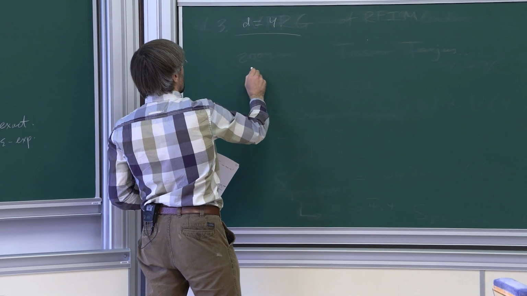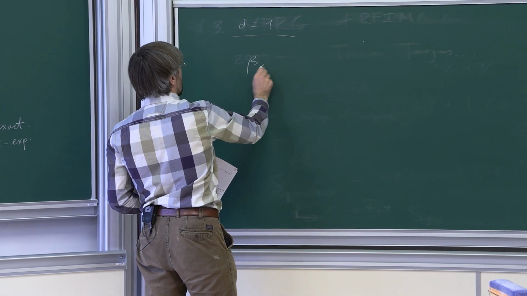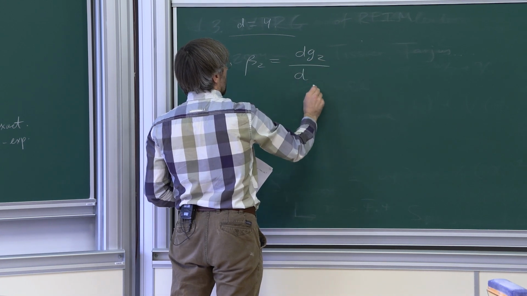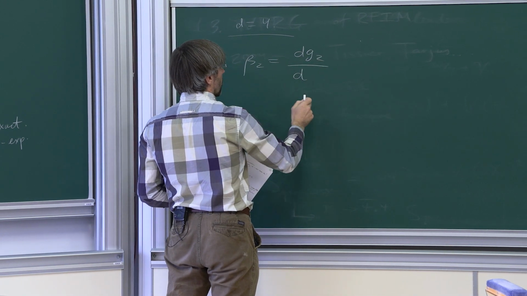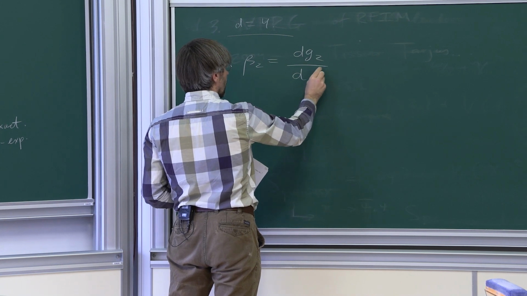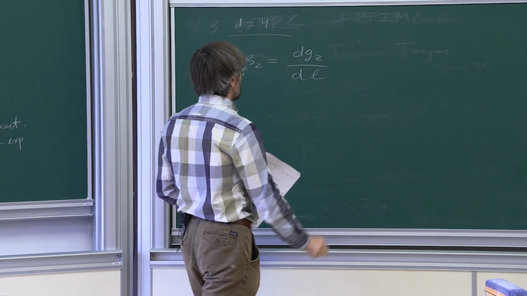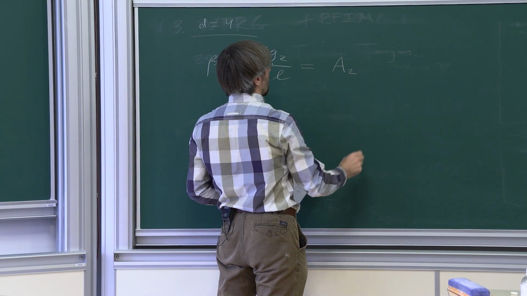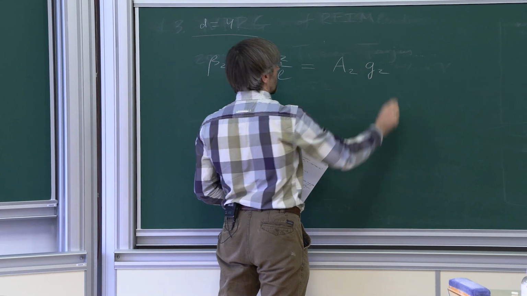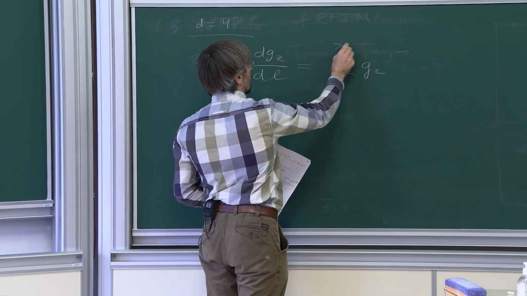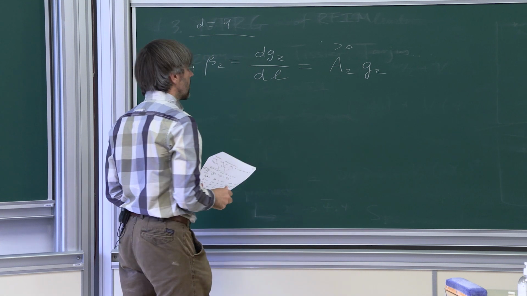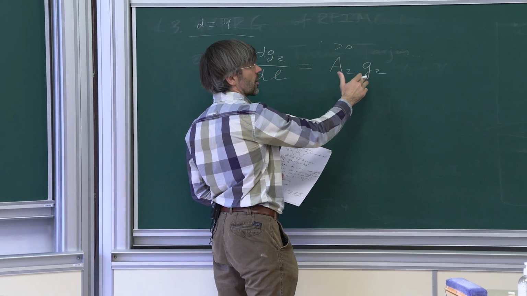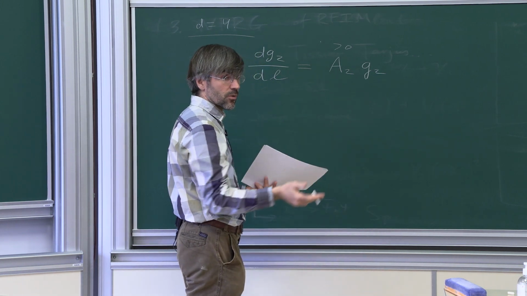So for G2, we write a beta function equation. So we write the beta function of G2, running from UV to IR. The beta function for G2 is going to be some positive constant times G2. So this coupling G2 is relevant. This constant is proportional to d critical minus d, and d is 4.